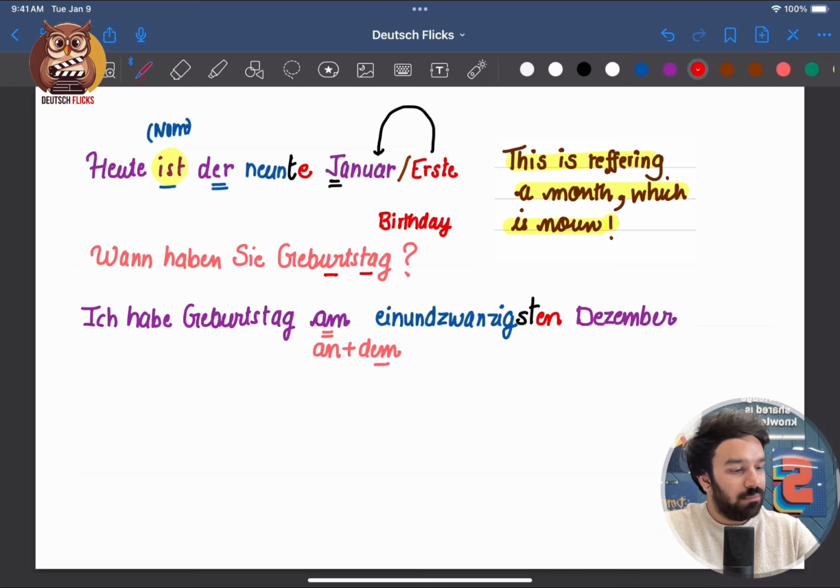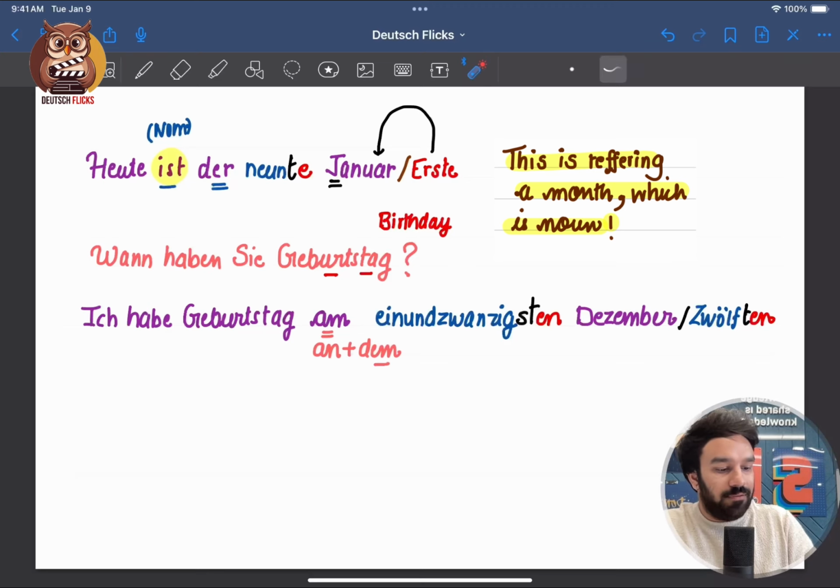Similarly, December is the 12th month, right? According to the calendar. Now what is number 12th? It will be 12. So I'll write Z as capital, 12, and then T, and then En. So here we have given nominative ending. Similarly, here as well you have to give nominative ending. Here we have given dative ending.